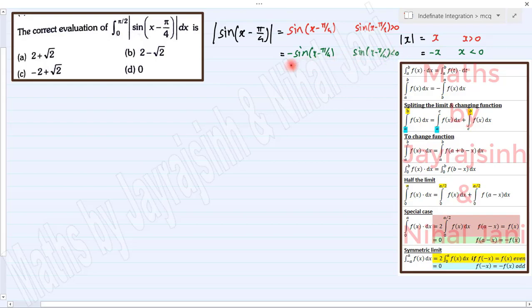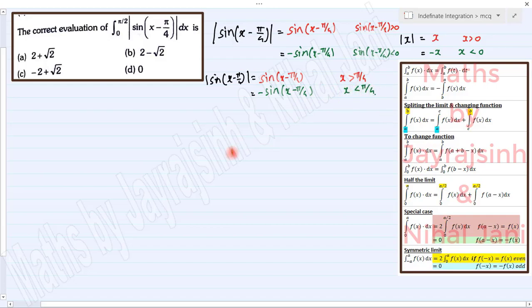So here we can say |sin(x − π/4)| will be sin(x − π/4) when x is greater than π/4, and it will be −sin(x − π/4) for x less than π/4.